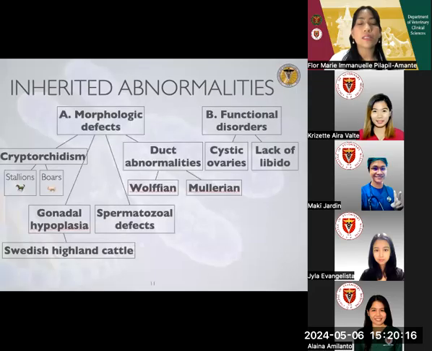And these are some that can be transmitted vertically into generations. First, we discuss the morphologic defects, and you see a lot of cryptorchidism, be it unilateral or bilateral, in our stallions and boars.